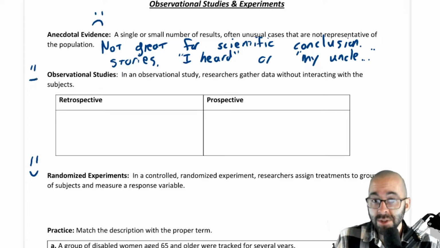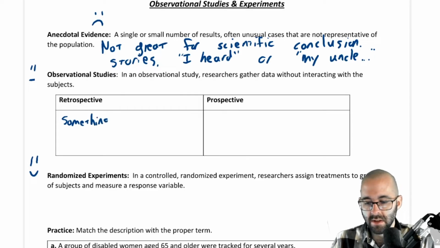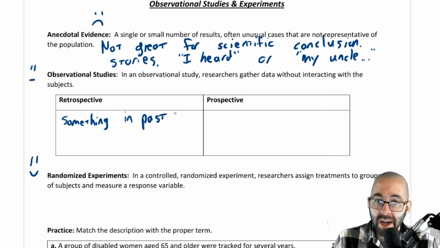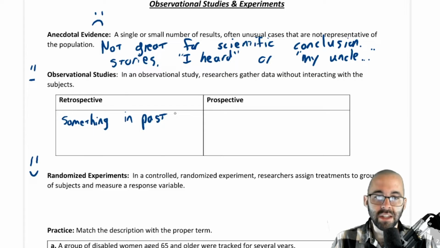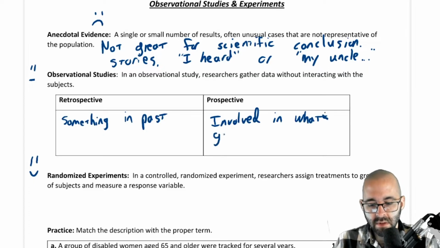And this can be retrospective, gathering data on something in the past, or it can be prospective, or actually involved, a lot of times involved in what's going on.